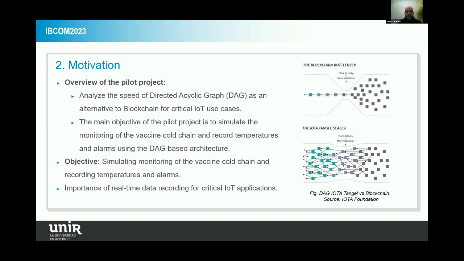This pilot project allowed us to analyze the speed of the DAG-based architecture. The focus is on analyzing the speed and efficiency of this architecture in handling real-time data recording, particularly in scenarios such as monitoring the vaccine cold chain.